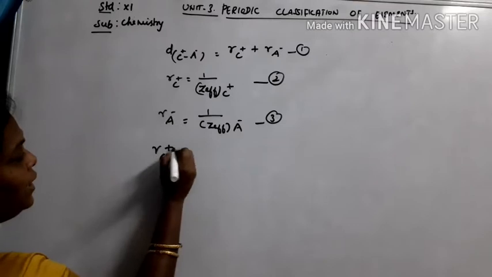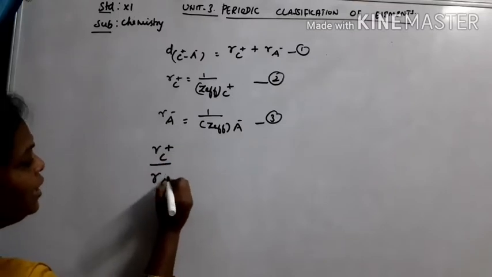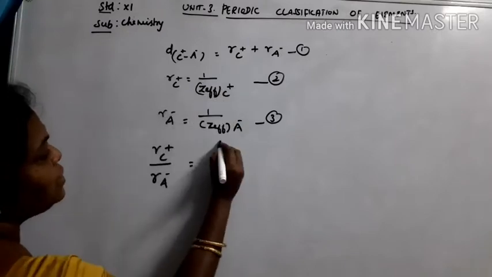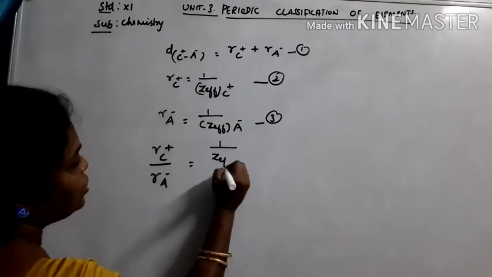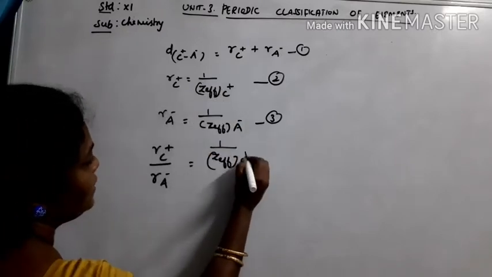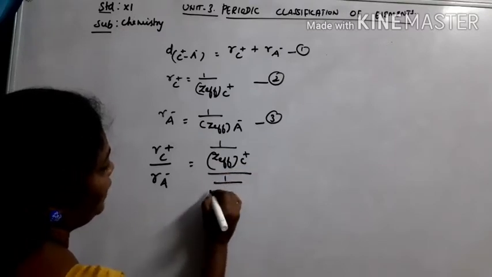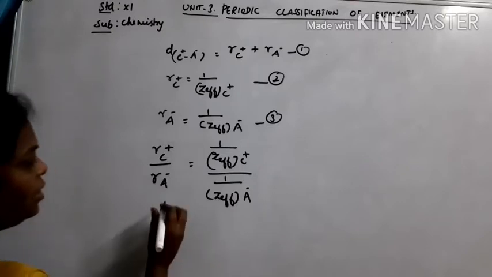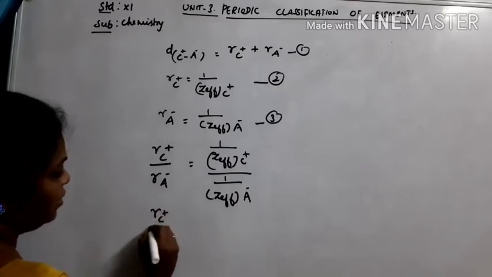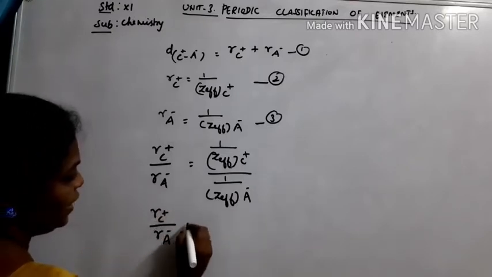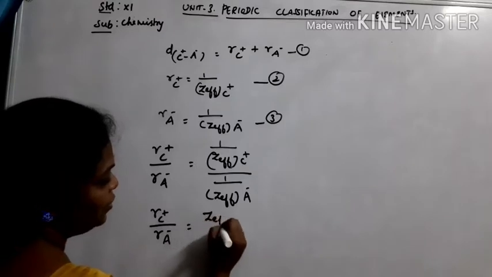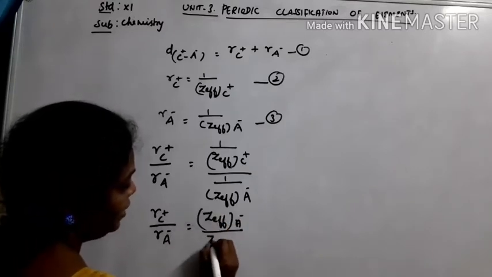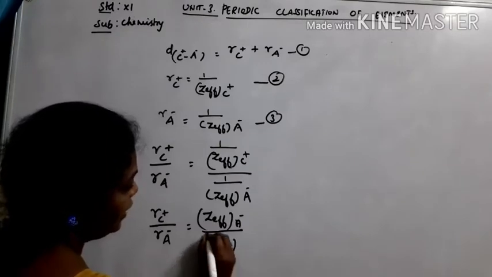The radius of cation divided by the radius of anion equals 1 by the effective nuclear charge of C plus divided by 1 by the effective nuclear charge of A minus. That is, radius of cation divided by radius of anion equals the effective nuclear charge of anion divided by the effective nuclear charge of cation.